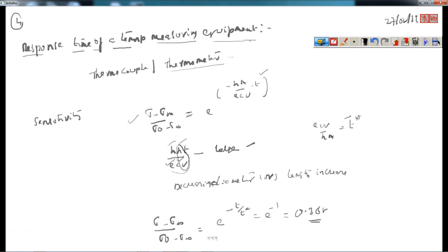So T minus T infinity is equal to 0.368 into (T zero minus T infinity), where T zero is the initial temperature.